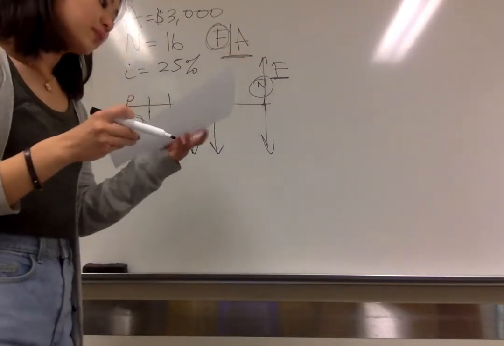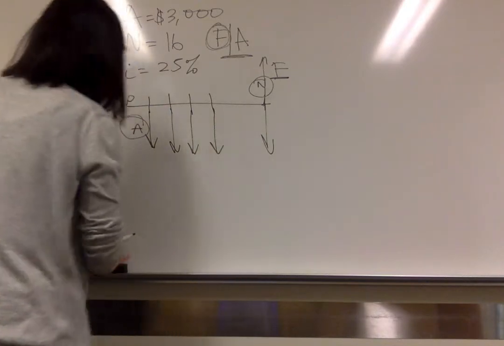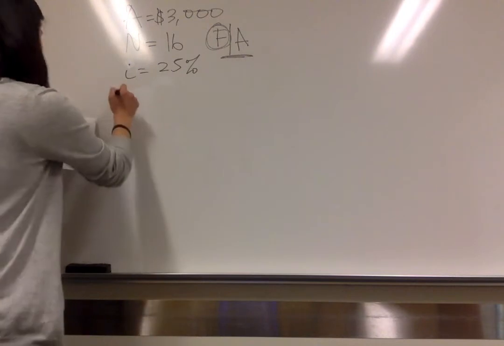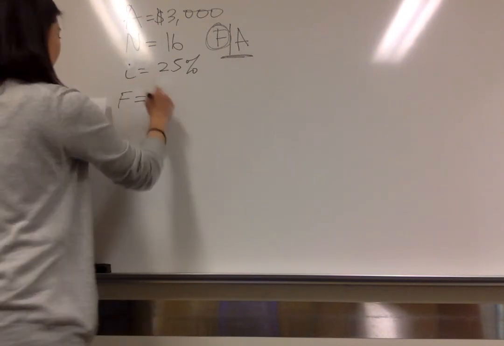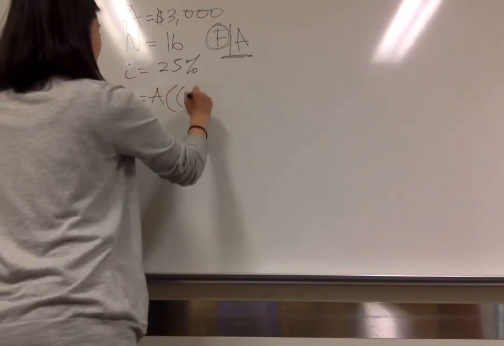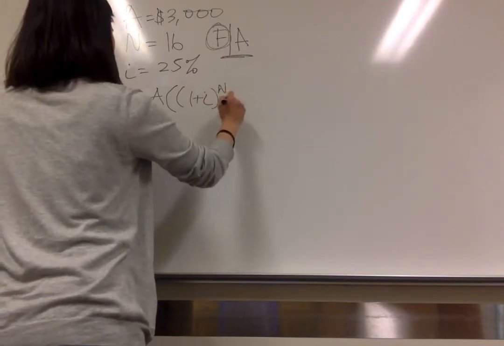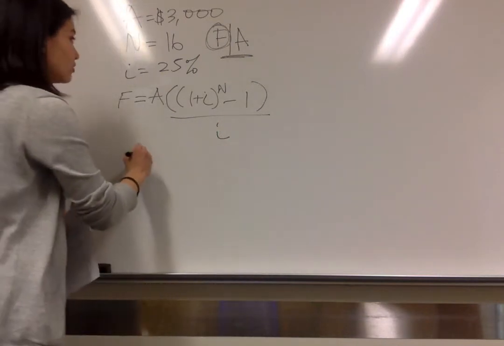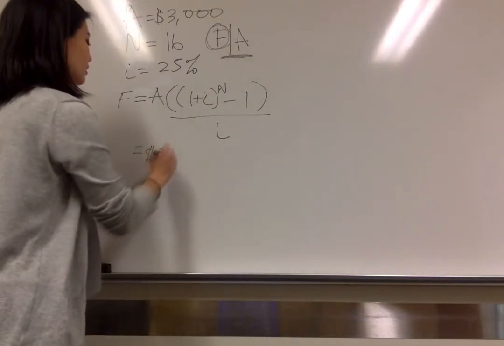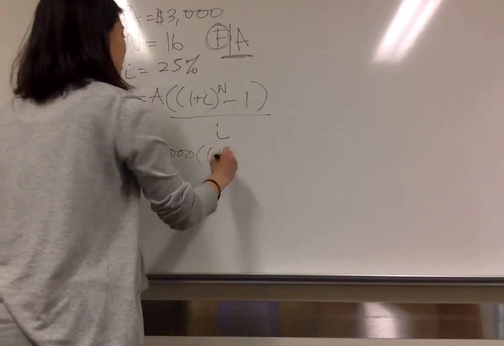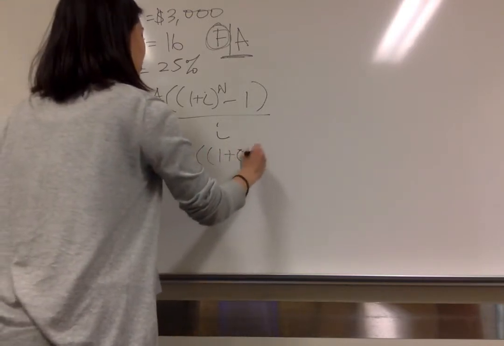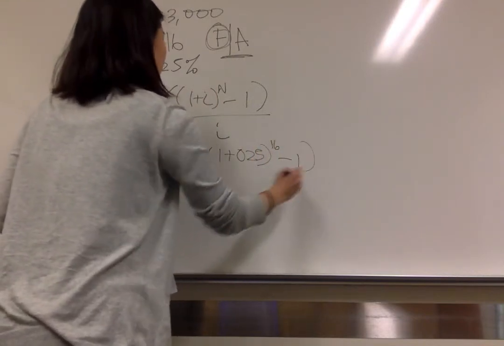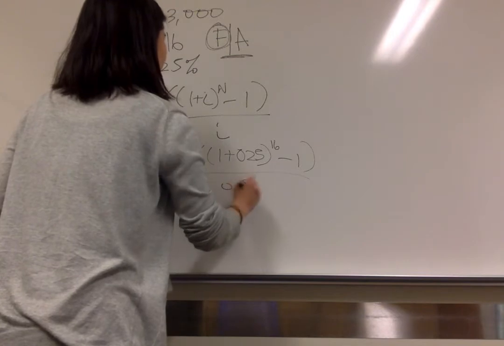So if you find that on your formula sheet, you see that F equals A times (1 plus interest rate)^n minus 1, divided by i. And when you plug in all the values, make sure you convert the percentage to a decimal: 3,000 times (1.025)^16 minus 1, divided by 0.025.